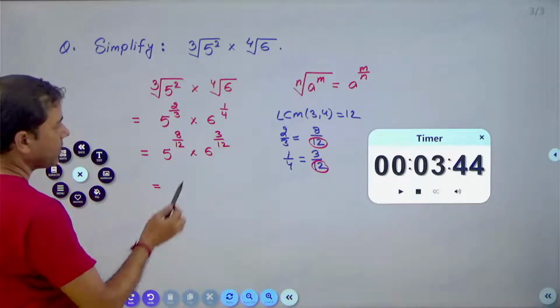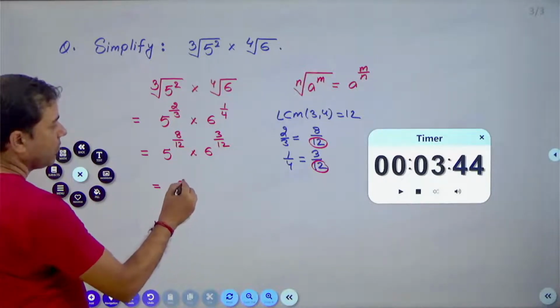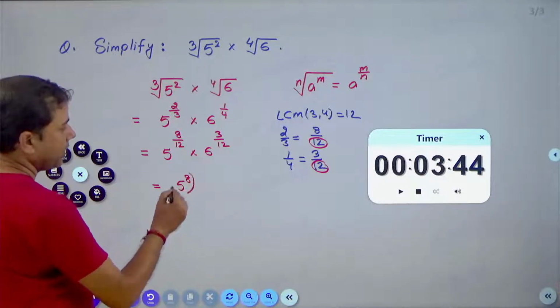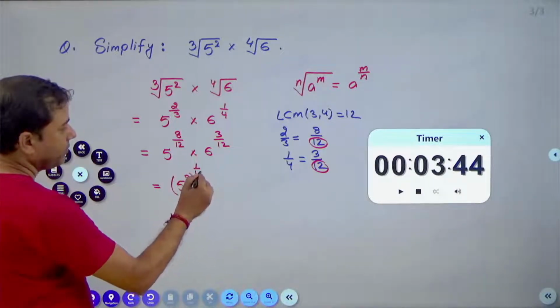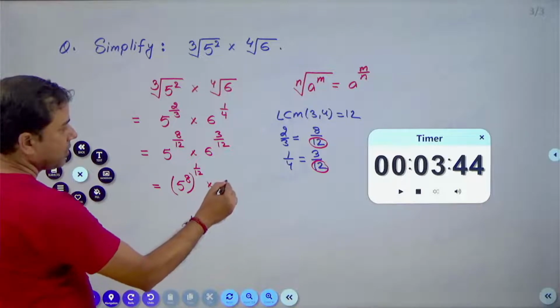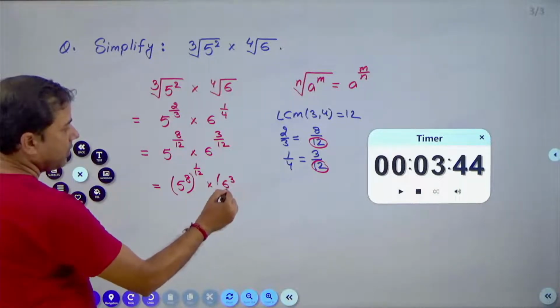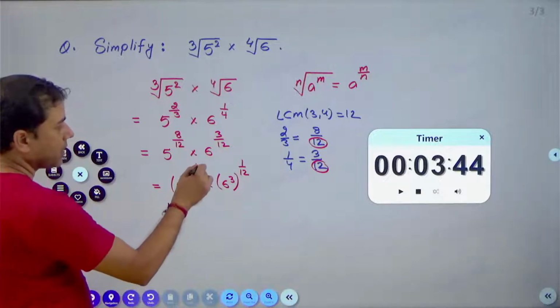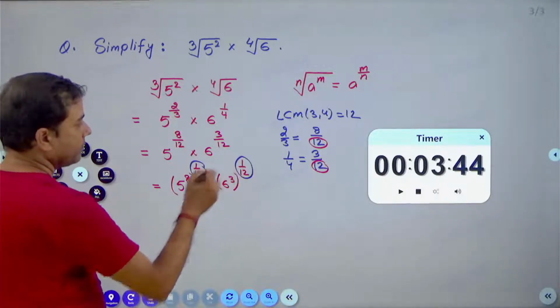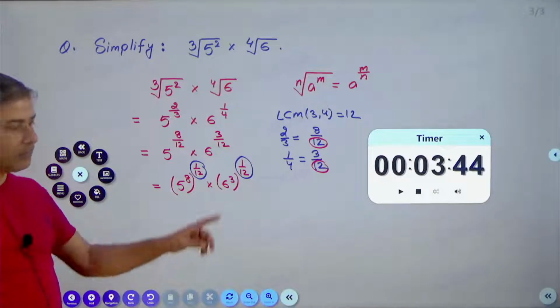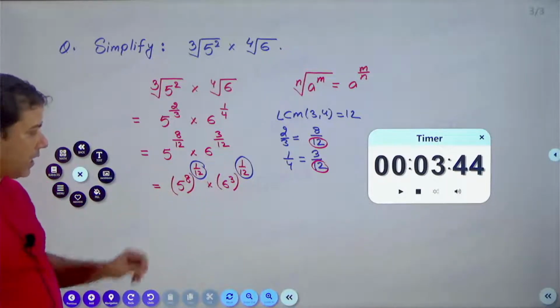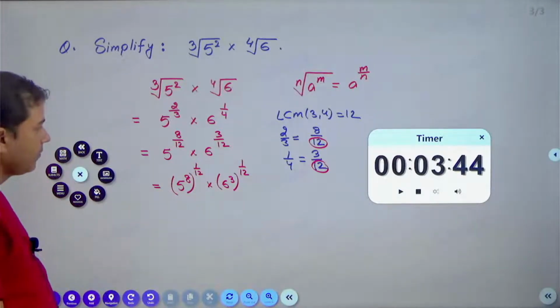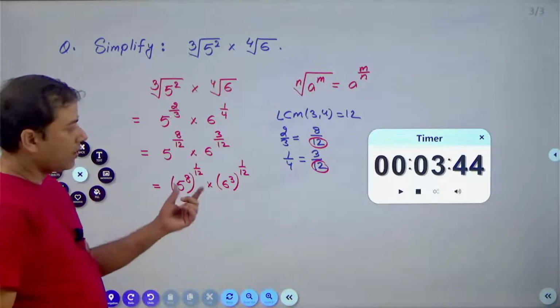How? 5 raised to the power 8 raised to the power 1 by 12 times 6 raised to the power 3 raised to the power 1 by 12. Now see, their powers are the same, right? Their powers are now the same. So we can multiply their bases.